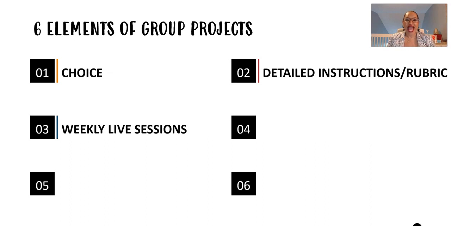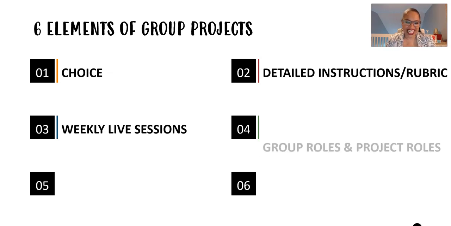Well, they had to meet week 2 live and week 3 live because the project was due on Saturday. So I had Tuesday groups, Wednesday groups, and Thursday groups. They signed up for the group they wanted to be a part of based on the day of the week that the group met. But they had 2 live sessions to prepare and to discuss the group project. Hope that makes sense.